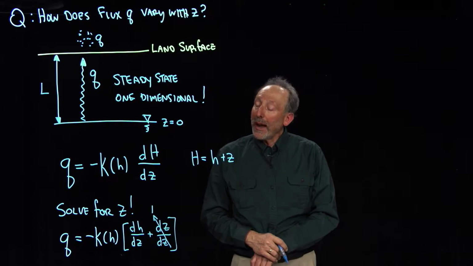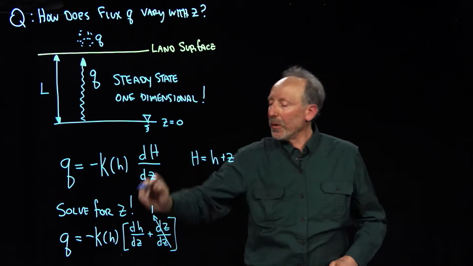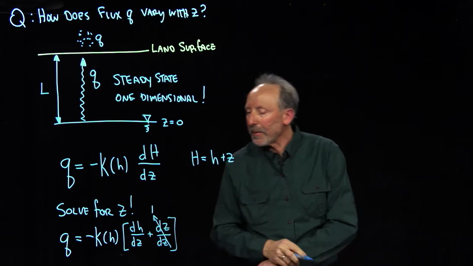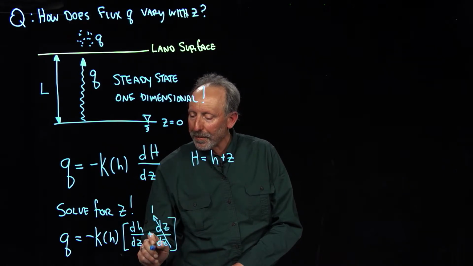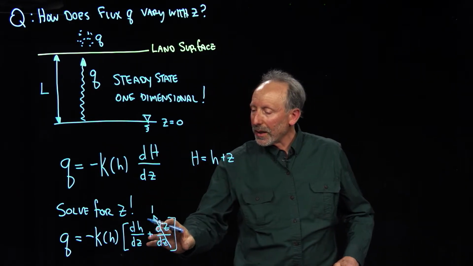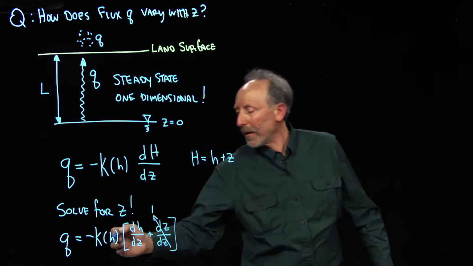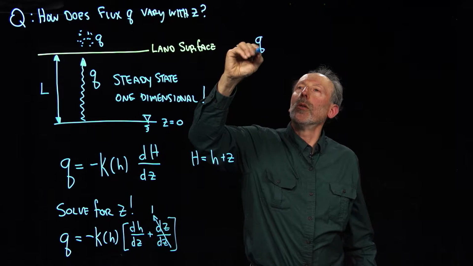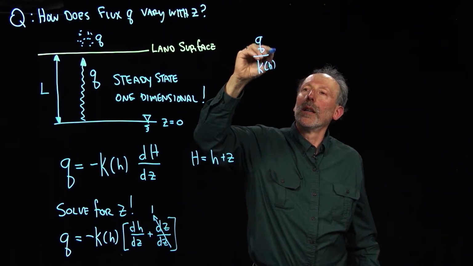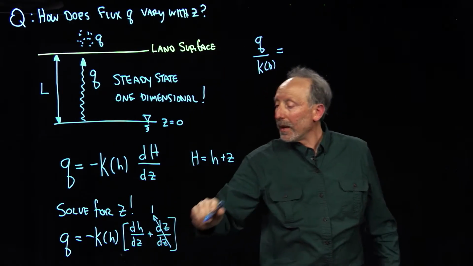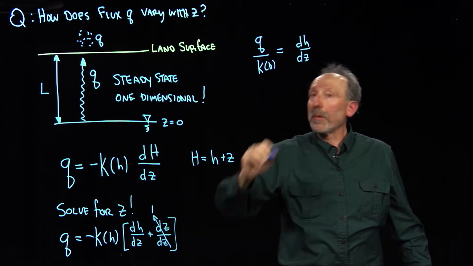Okay? So now we have an equation which says that Q is equal to K(H) times this. So how are we going to solve for the dz term? We want to solve for z, okay? So let's see. We will first divide both sides by the conductivity. So we get Q over K of H is equal to dH/dz plus 1.